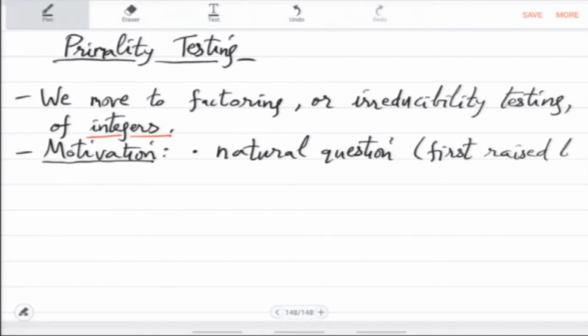Probably first raised by Gauss. Formally. Okay, whether you can test numbers for primality and then factor.